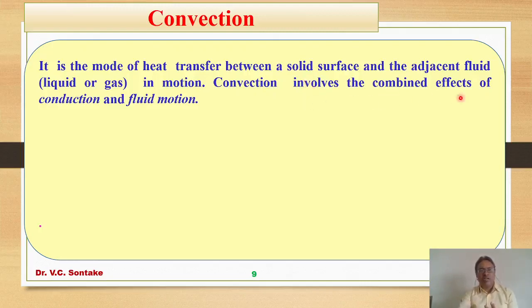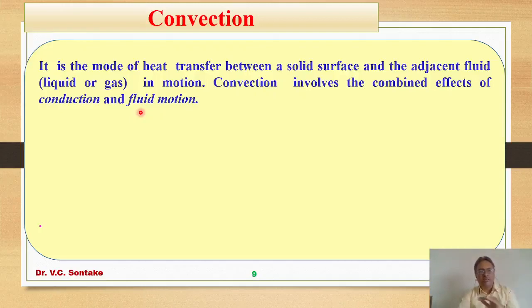Convection involves the combined effects of conduction and fluid motion. So in convection, some portion of conduction is also involved. And the highlight of this mode of heat transfer is that the medium through which heat transfer takes place by convection is moving. It will be in motion.